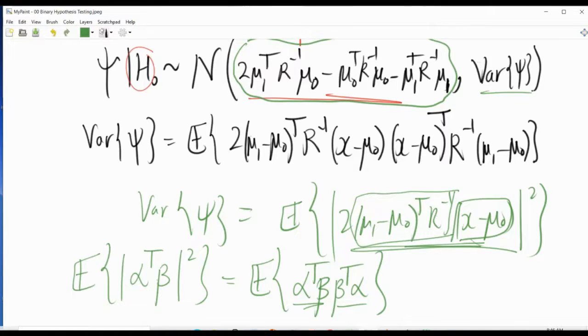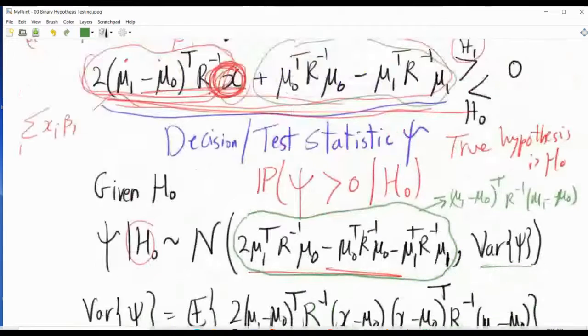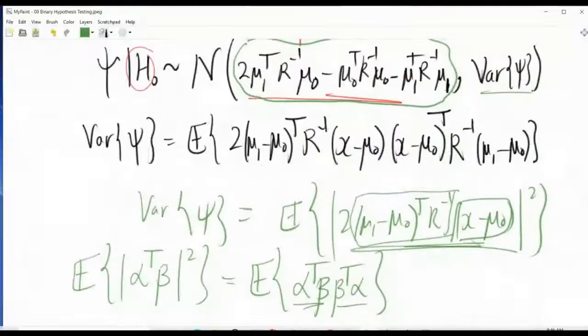So the trick is to write this as 2 (mu1 minus mu0) transpose R inverse (x minus mu0), and then multiply by the transpose of this thing, so there is an extra 2, and you have (x minus mu0) transpose R inverse (mu1 minus mu0). What is the benefit of doing this?